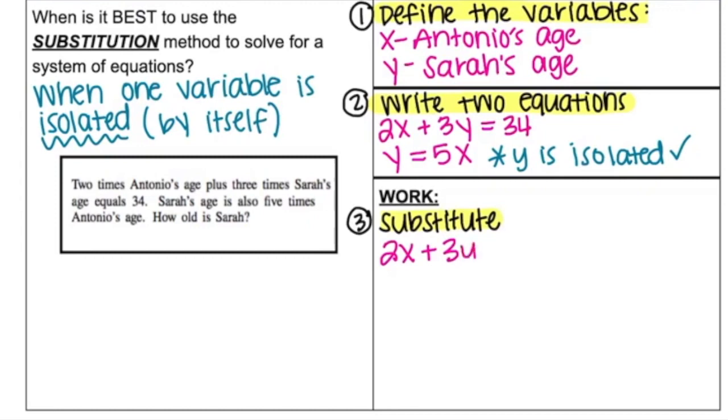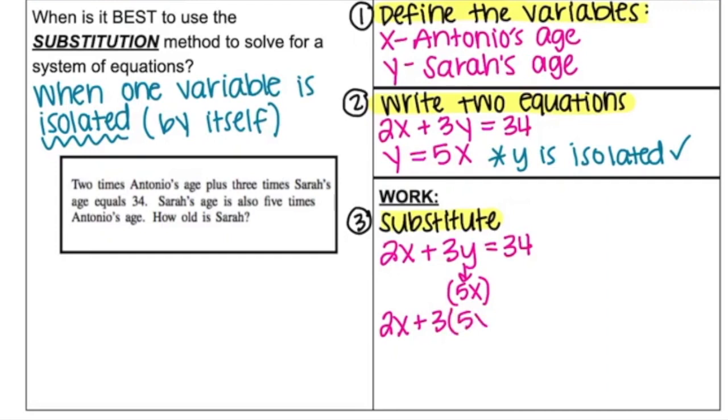So in this first equation, where we have 2x plus 3y equals 34, we know that y is equal to 5x. That's what the second equation tells us. So we can swap them or replace them or substitute them by taking 5x and putting it in the place of the y.